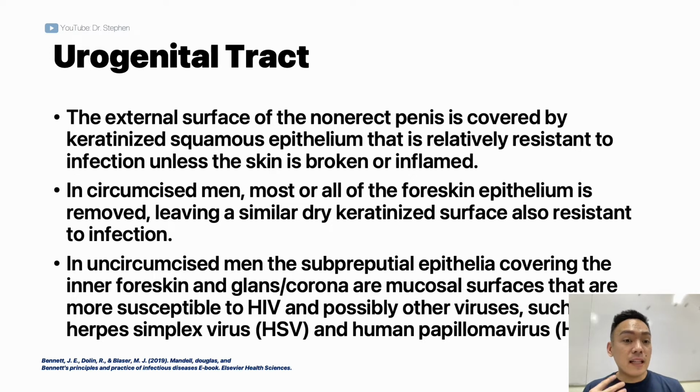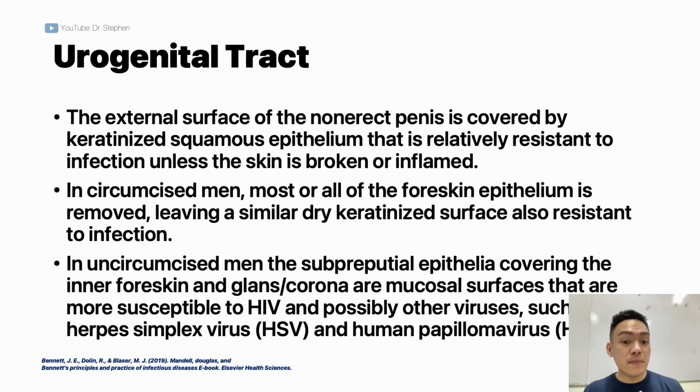For the male urogenital tract, the external surface of the non-erect penis is covered with keratinized squamous epithelium, which is relatively resistant to infection unless the skin is broken or inflamed. In circumcised men, most of the foreskin epithelium is removed, leaving a similar dry keratinized surface which is also resistant to infection.